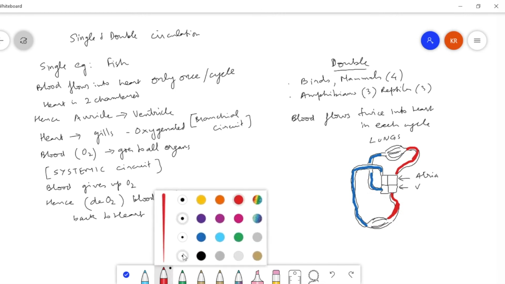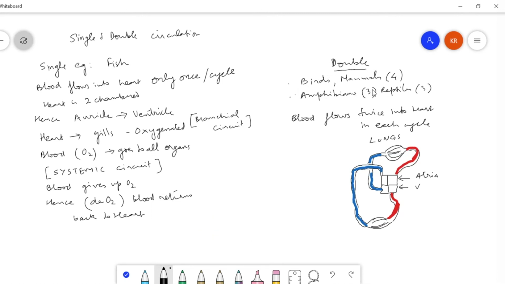So what you can see over here is that it is separated completely and it is going twice. However, in the case of amphibians and reptiles, only one ventricle is there, so it is a little less efficient. But both in birds and in mammals, this efficiency is very high. Highly efficient.